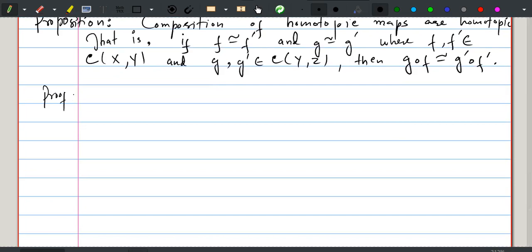Proof. Suppose we are given that f is homotopic to f prime and g is homotopic to g prime, so there must exist homotopies.